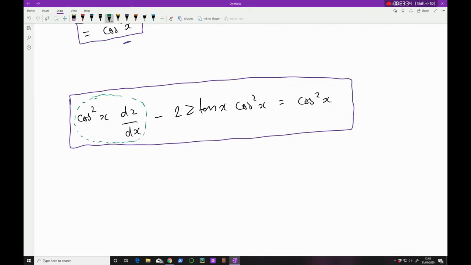We just modify this slightly to become d over dx of z cos squared x. Okay, so that equals that. And we should note that we are going to solve this using product rule.